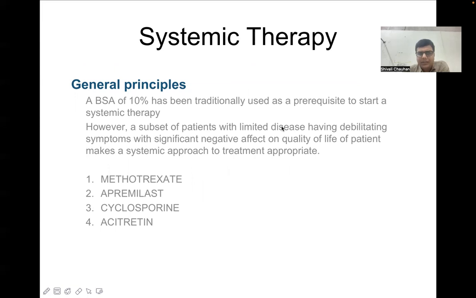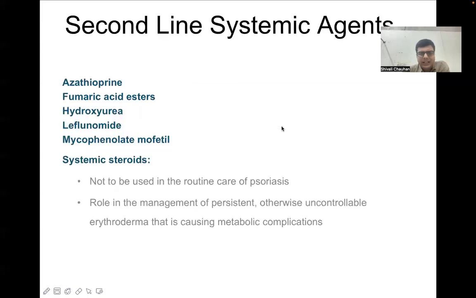However, a subset of patients with limited disease having debilitating symptoms with significant negative effect on quality of life can also be treated with systemic therapy. What systemic therapy can we use? We can use methotrexate, apremilast, cyclosporin, acitretin. Second line systemic agents are azathioprine, fumaric acid esters, hydroxyurea, leflunomide, mycophenolate, and morphine.